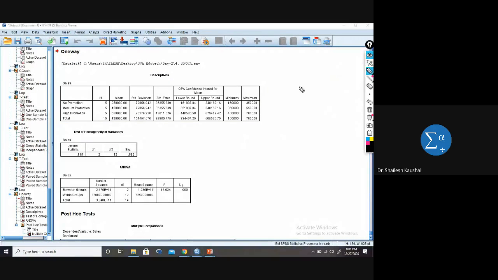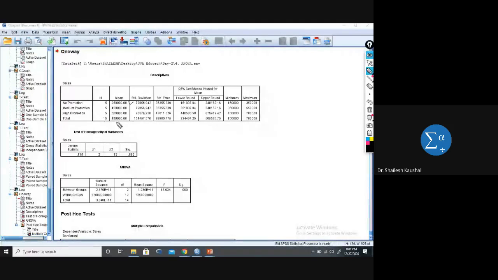So this is the output. In this output we can see when there is no promotion, the mean is 2,50,000. When we are using 20% medium promotion, the mean is 4,50,000.